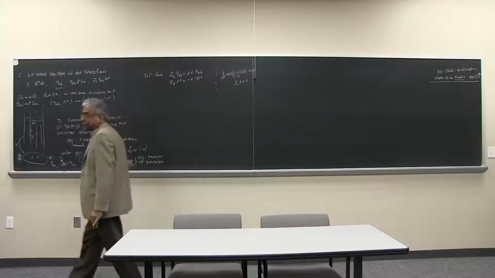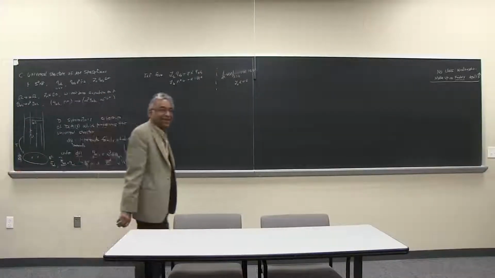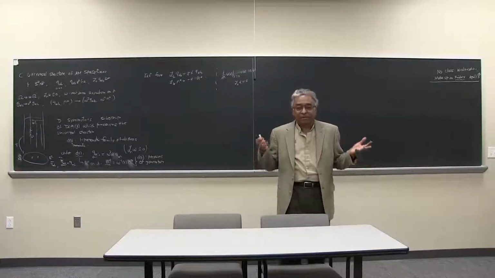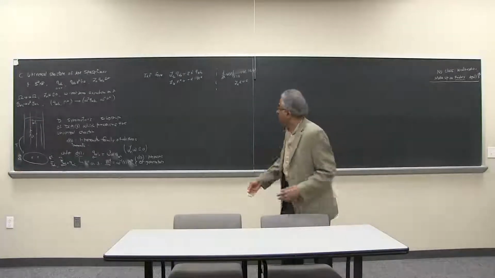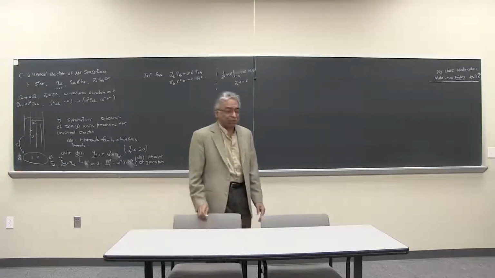So this is the condition that we need to satisfy, and that's it, right? At some stage it looks like the BMS group is a complicated mess. It's very simple. Those diffeomorphisms on scri which satisfy this condition are the generators of the BMS group.